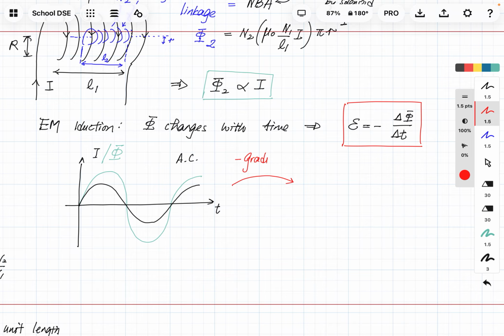I'll get the graph again, like the one on the left hand side. On the left hand side is given. Oh, given? Suppose the current changes with time. Oh, okay. Then how will the EMF be induced? Okay.